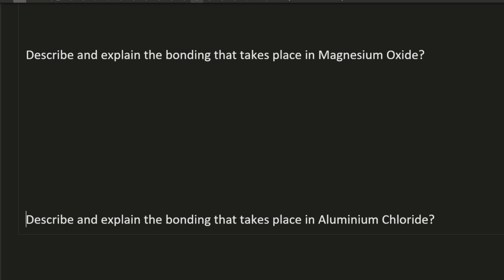So magnesium is a metal, and we're doing a non-metal here as well with oxide, which comes from the element oxygen. Magnesium is a group 2 atom, so you know it has 2 electrons in its outer shell, and oxygen is a group 6 atom, and it has 6 electrons in its outer shell.